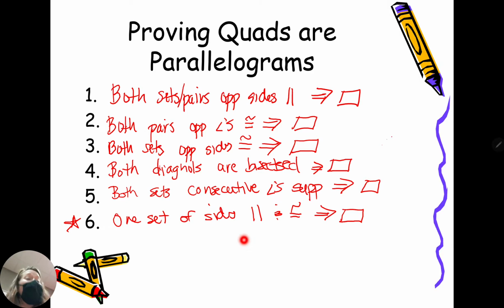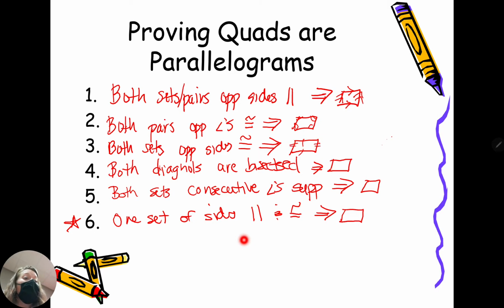If we have one set of sides that is both parallel and congruent, we have a parallelogram, right? It might help to label this in your pictures. Both sets of sides are parallel, that'll do it. Or both pairs of opposite angles are congruent. Or both opposite sides are congruent.